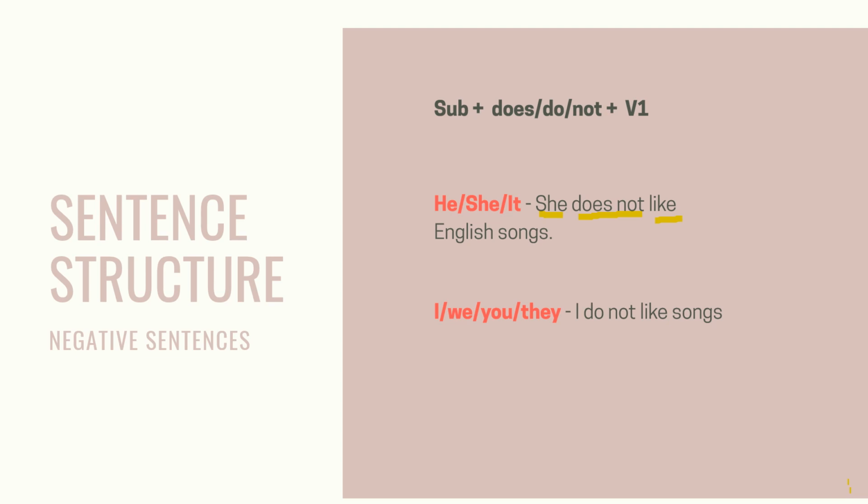We are using do with that, and because it is a negative sentence, not with it. And again, if you look at the verb, it is the present form of the verb like, and we have not suffixed it with anything. So this is the most important difference you need to remember. For third person singular, does not or doesn't, and for other subjects, do not or don't.